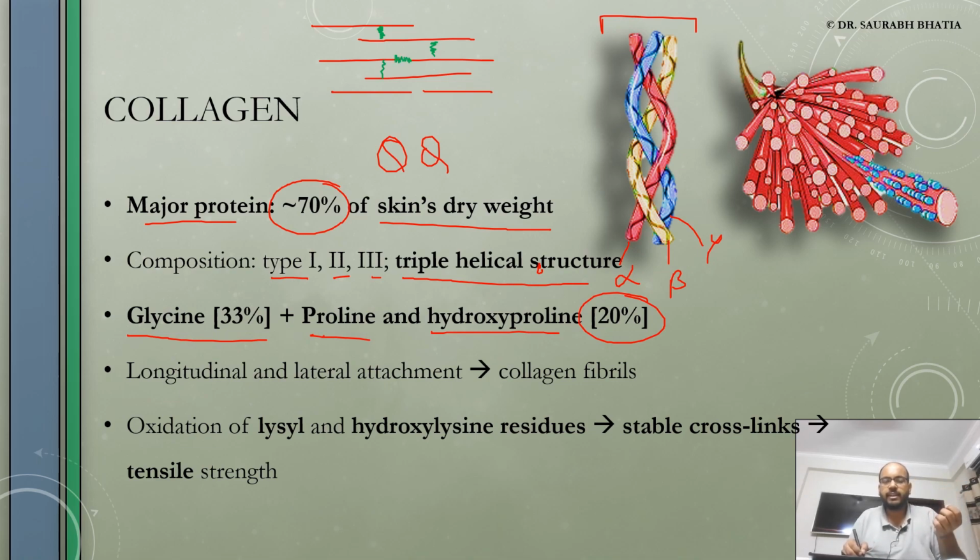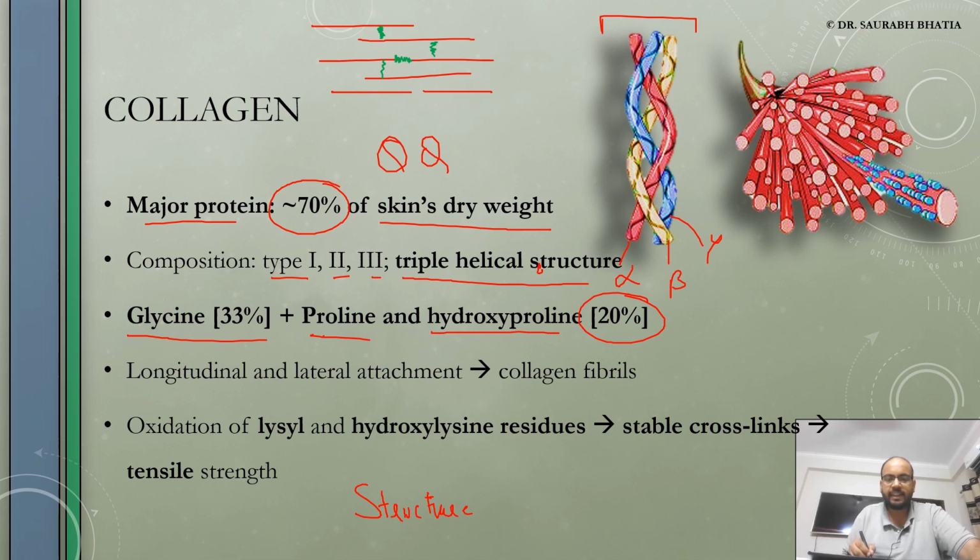Because of this kind of attachment to other collagen fibers, it provides structure to the dermis. So the major function of collagen is to provide structure to the dermis. Structure or solidity, to give a certain strength to the dermis.